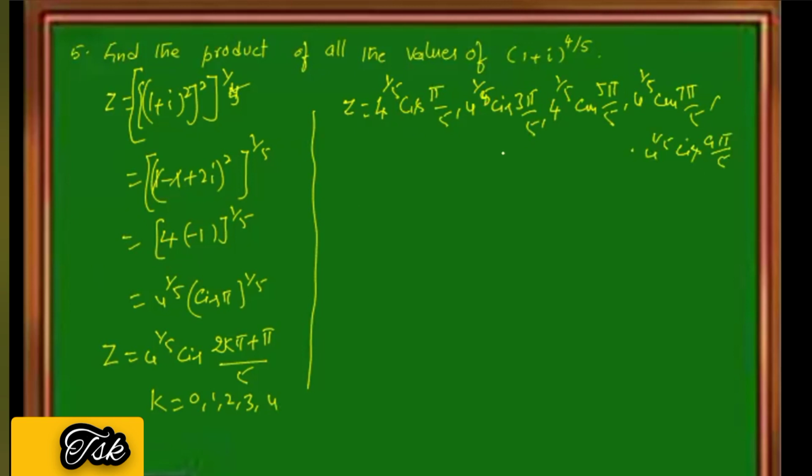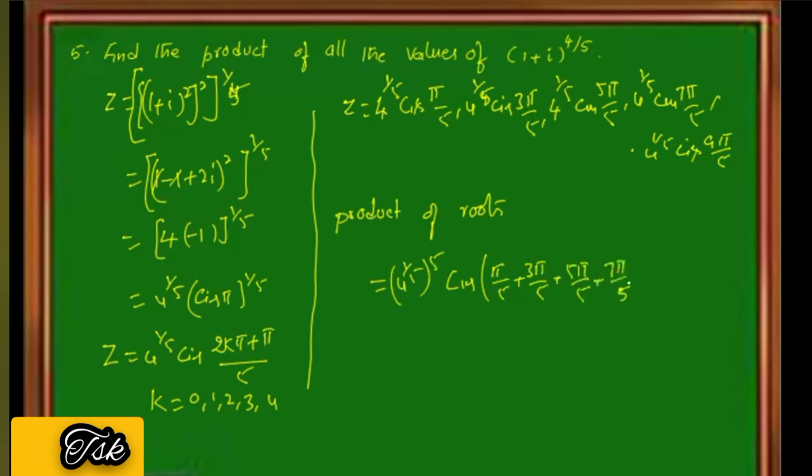So we need the product of this. Product of roots: 4 to the power of 1 by 5, how many times? 5 times. So 4 to the power of 1 by 5 whole to the power of 5 times, cis alpha, cis beta, cis gamma, cis delta. So cis alpha into cis beta is cis of alpha plus beta. Pi by 5, 3 pi by 5, 5 pi by 5, 7 pi by 5, and then 9 pi by 5. Cis alpha, cis beta, cis gamma is cis of alpha plus beta plus gamma.